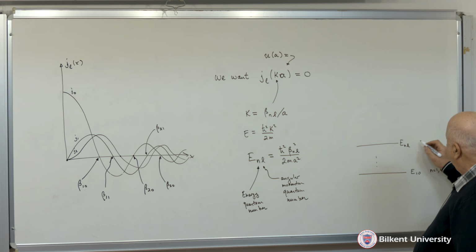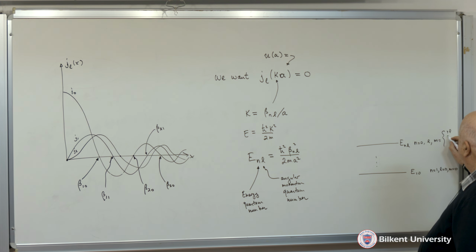And I am going to have some L, but I'm also going to have some m, which can start from plus L, L minus 1, all the way down to minus L. So these energy levels will be degenerate. There will be a degeneracy based on what L is. It's not going to be a single energy level.